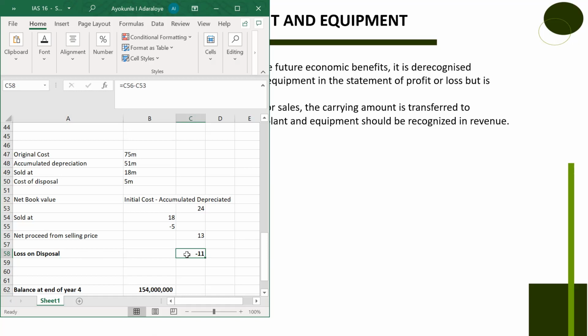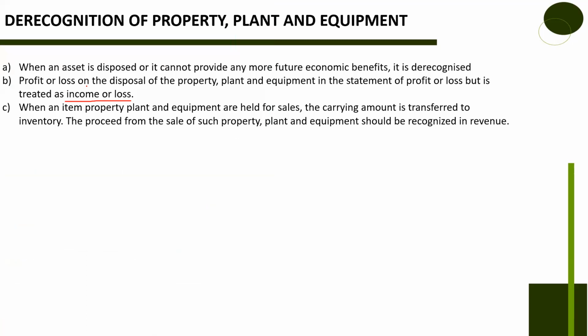If you made an income, you take it there too and you write it as gain on disposal, and you will add it to your income for that particular year. When an item of property, plant, and equipment is held for sale, the carrying amount is transferred to inventory. So the proceeds from the sale of such property, plant, and equipment should be recognized as revenue.